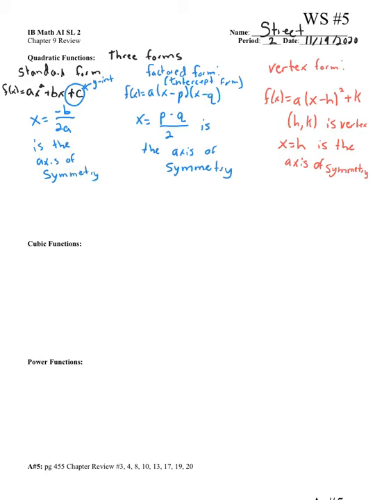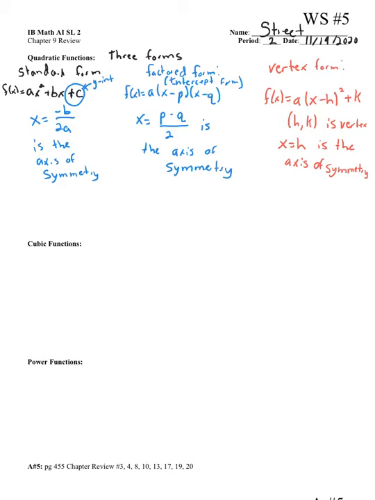So we should be able to find the axis of symmetry in all the forms. And once you have that axis of symmetry, you can plug in the x value and you can solve for the y value. So it's nice once we have that axis of symmetry figured out.